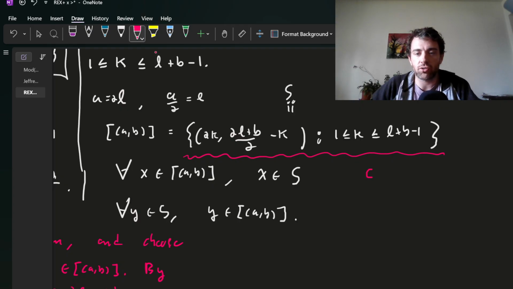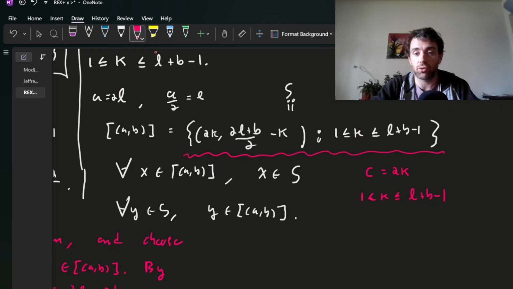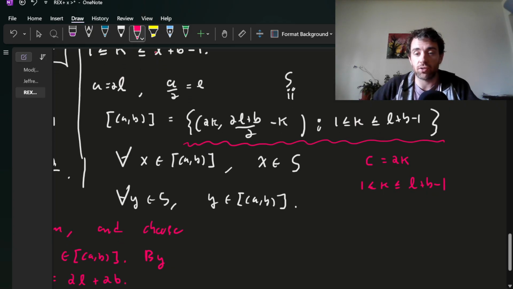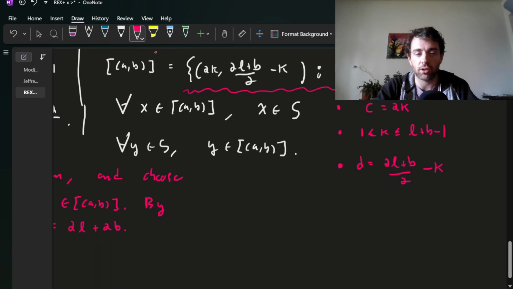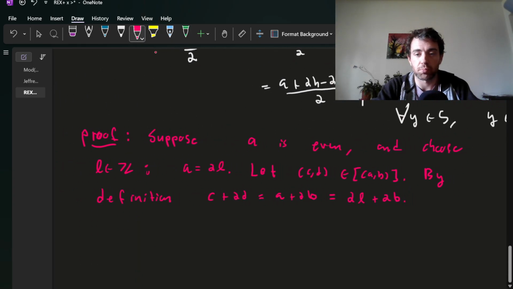I need to convince you that C is equal to an integer of the form 2 times some integer k, where that k happens to be between these two values. And I need to convince you that D is equal to 2L plus B over 2 minus K, right? So there's basically 3 goals on my checklist. So let's go ahead and prove that, right?